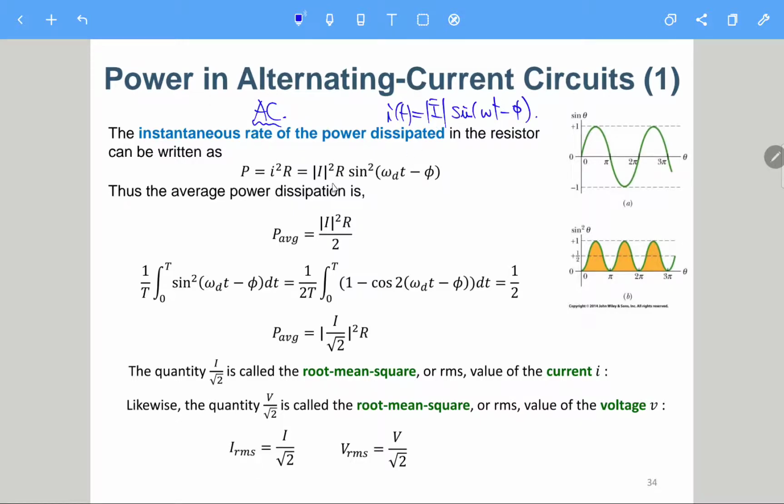So I squared will be this one squared times R, and then sine squared of this term.